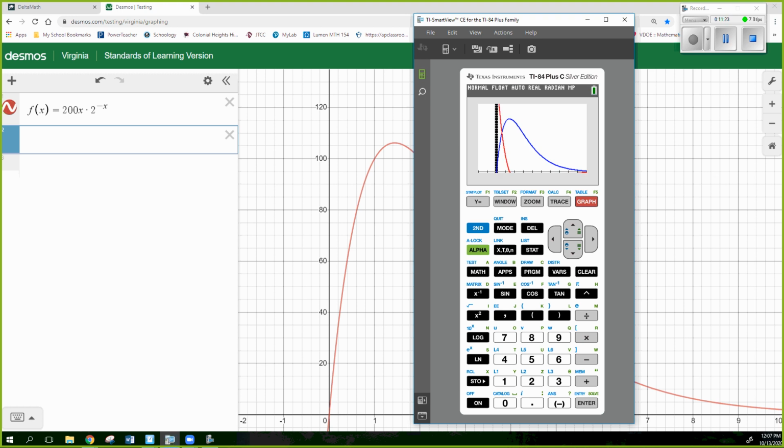Why does yours show up and mine doesn't? How big is our window? Well, we had our window before. Did you guys notice that you can't see the whole thing? All right, so I'm going to have to change my window again. I need some more values in the minimum in the y's. Let's see if negative 25 is enough.